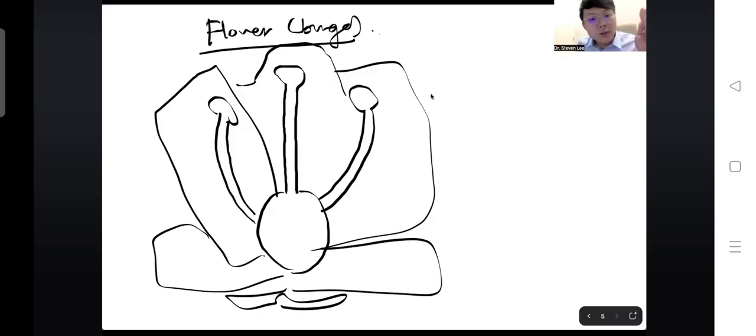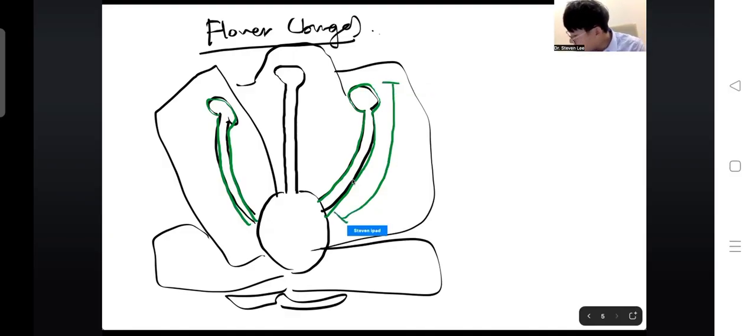So, the side one, I'll show you what is it. This one, the side one, which is from here to here. This one that I label, which is also the green color one that I label. This is the male part of the flower, this whole thing, okay. So that's why this is called stamen.